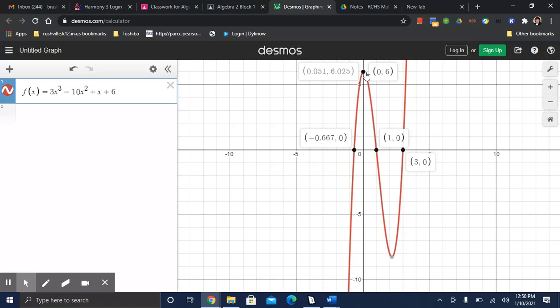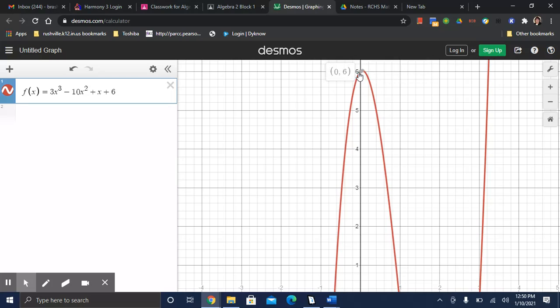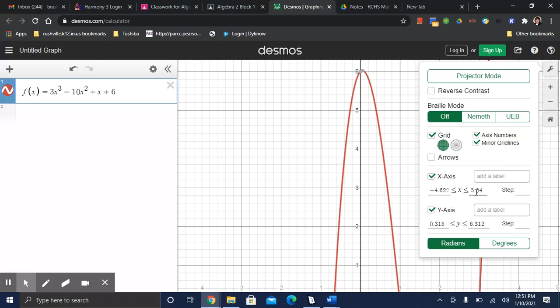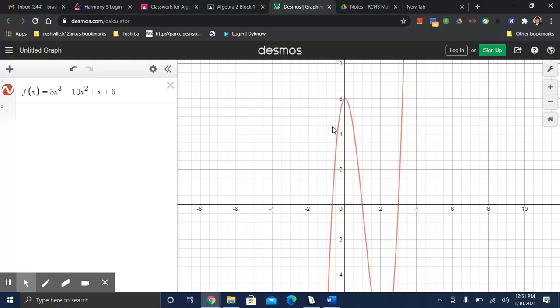And this actually has another point really close to it that we'll be discussing. So sometimes you do want to have it zoomed out just a little bit more so that you can see that there are 2 points there. You may have to use the wrench to help you determine what your x-axis and y-axis boundaries should be. So you may have to work with it a little bit, but again, you want those x-intercepts showing.